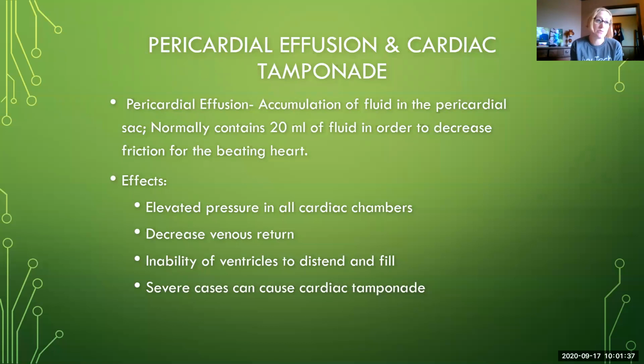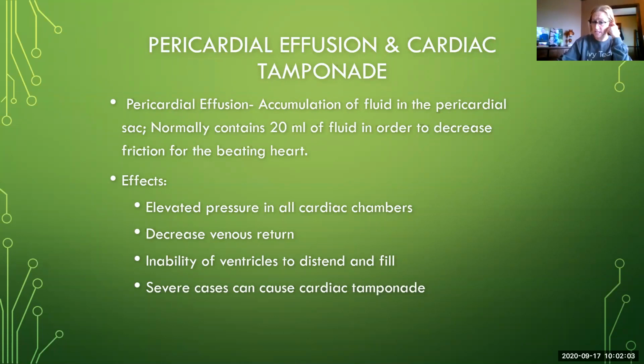We talked about this last week when we talked about PEA, that PEA can be a result of cardiac tamponade, because the heart still has the electrical activity going through it, but it no longer can beat. So they will have a rhythm without a pulse. It's an emergent situation and needs to be corrected as soon as possible.